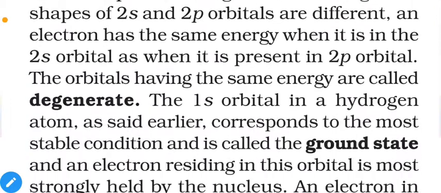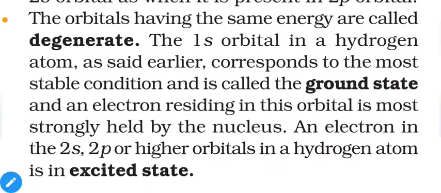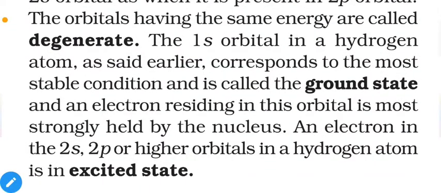Now, the orbitals having the same energy are called degenerate orbitals. All the orbitals of 2s and 2p, that means we have one orbital in 2s and 3 in 2p, px, py and pz, so all of these four will have the same energy. The same thing applies to the third principal quantum number.